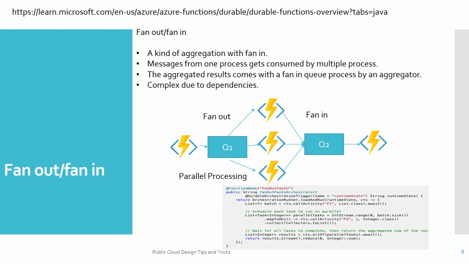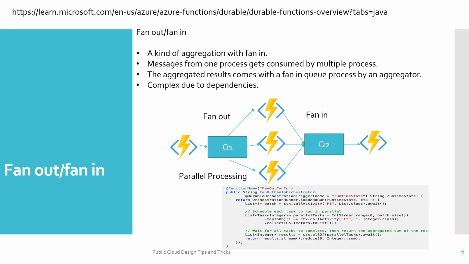In this diagram, there is an initiator function that sends messages to q1. The operating functions in the middle start consuming the messages in q1, but in a different way. Here there is parallel processing going on, so multiple functions start consuming the messages coming in q1 and processing them.